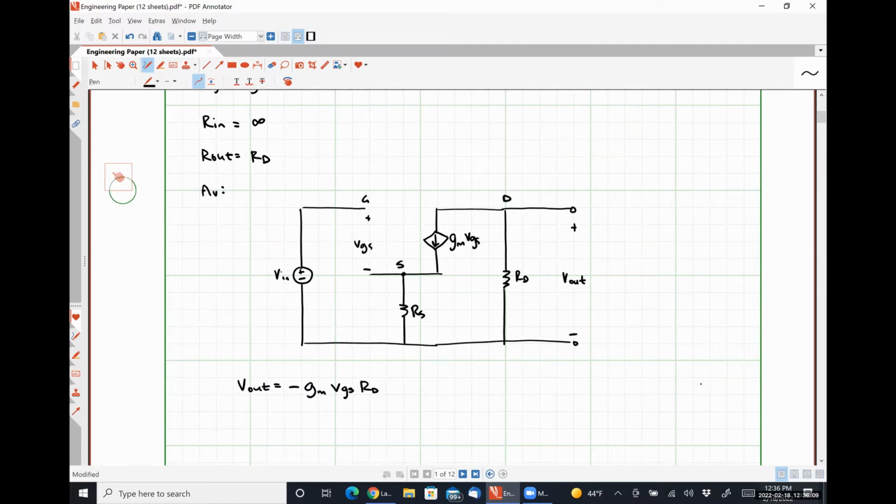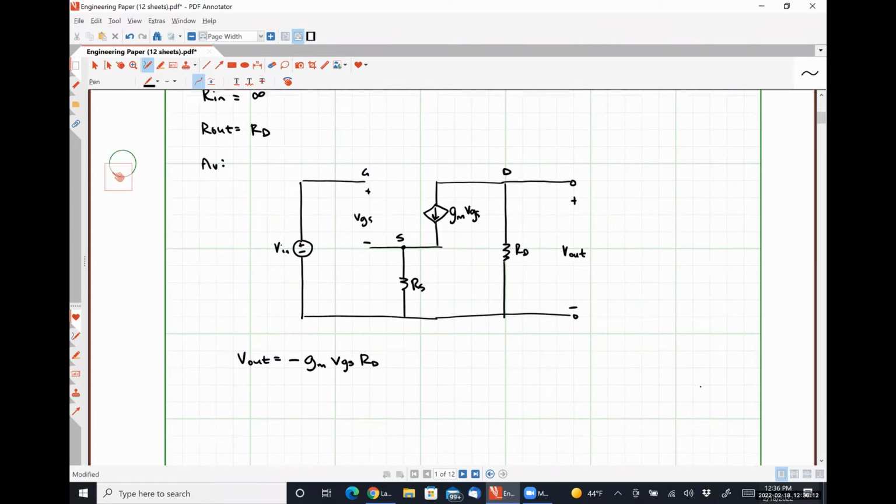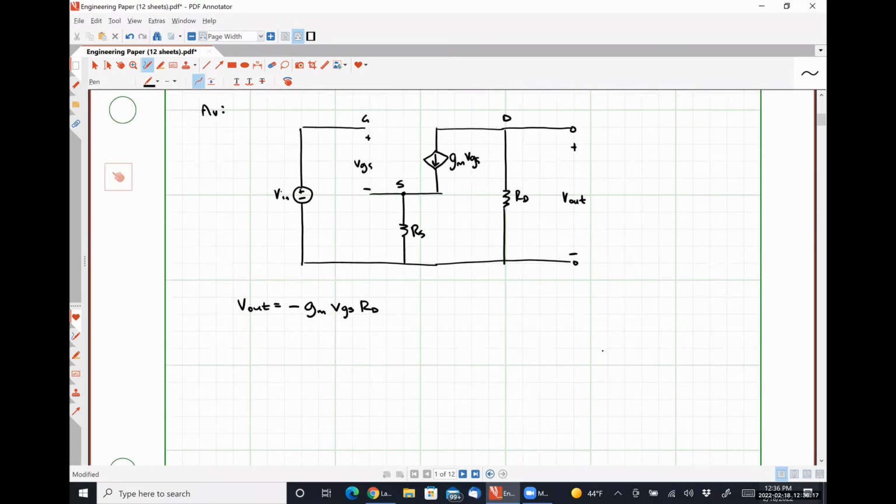If we apply Kirchhoff's voltage law around the left-hand side of this loop, what we will find is that the quantity VGS is simply V in minus GM VGS times RS. So all I'm saying here is that this voltage drop VGS is our input voltage minus the voltage drop over our resistor RS.